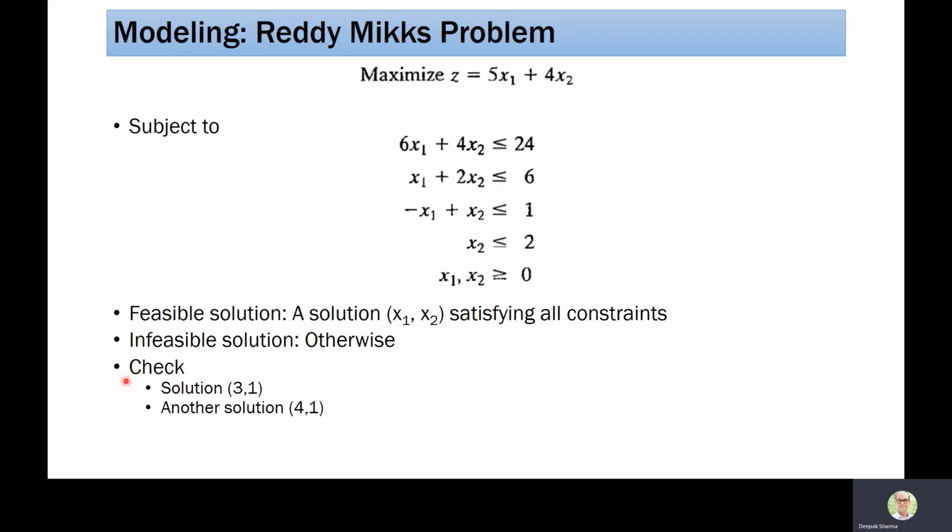As practice, if you write a solution, say (3, 1), let me know whether it is feasible or infeasible. Put in the values and find out whether the solution (3, 1) is feasible or infeasible. Similarly, is solution (4, 1) feasible or not?